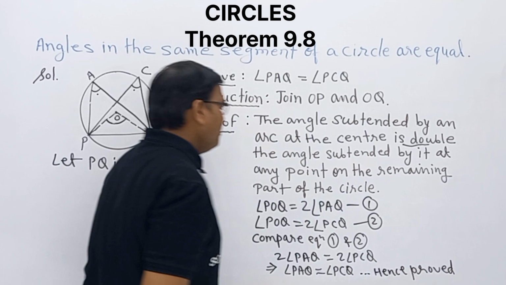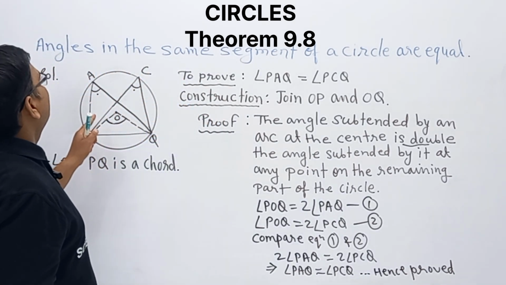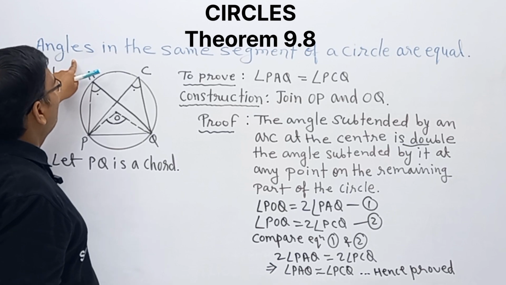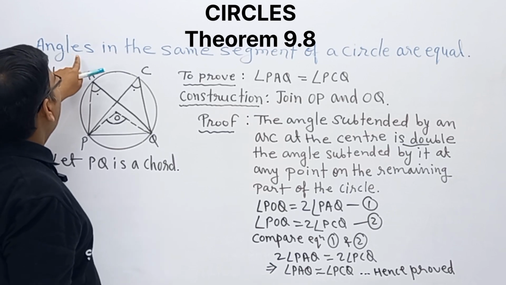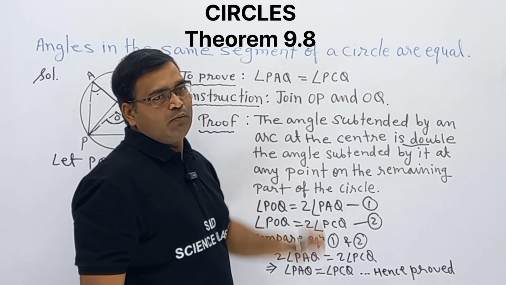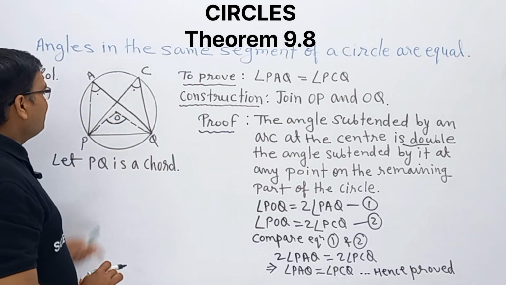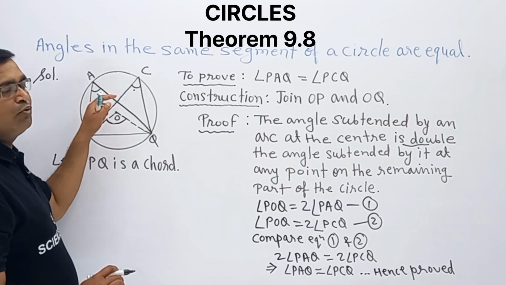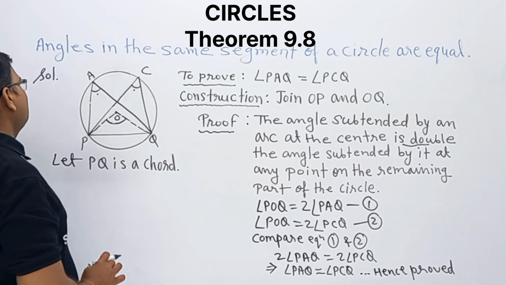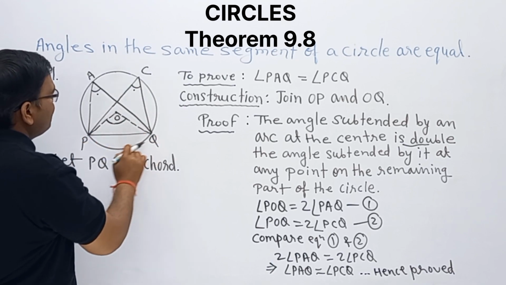Clear? Observe again how we are proving. In the theorem, what do we want to prove? Angles in the same segment of a circle are equal. I am taking chord PQ, and this chord divides the circle into two segments: one is the major segment, and another is this one.